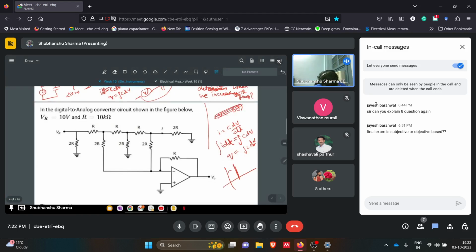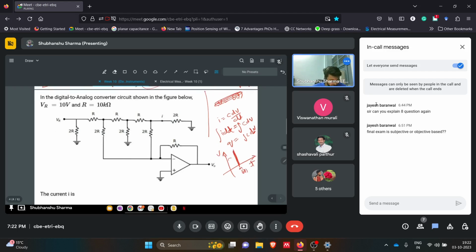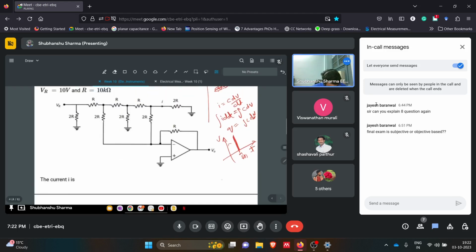This is V, this is t, and this time is delta t, a very small impulse. So what is happening actually? This I delta t integration is C dV, so I by C, if we say.